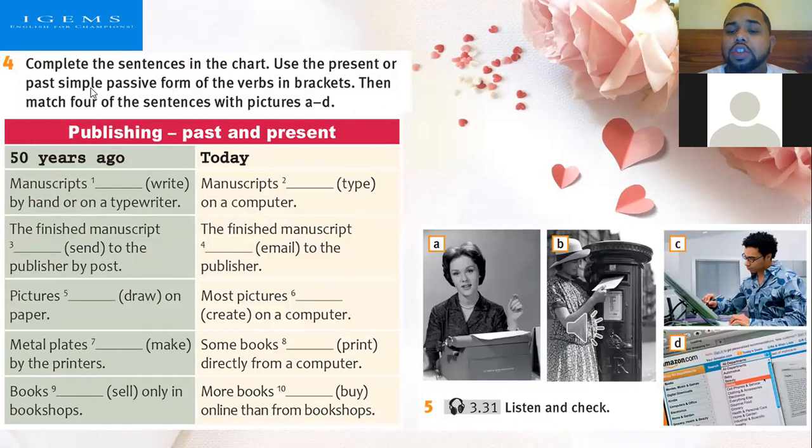We're going to use the present or past simple passive form of the verb in the brackets. Then we're going to match 4 of the sentences with pictures A to D. Let's get started with this chart first, and then we go to the next exercise.